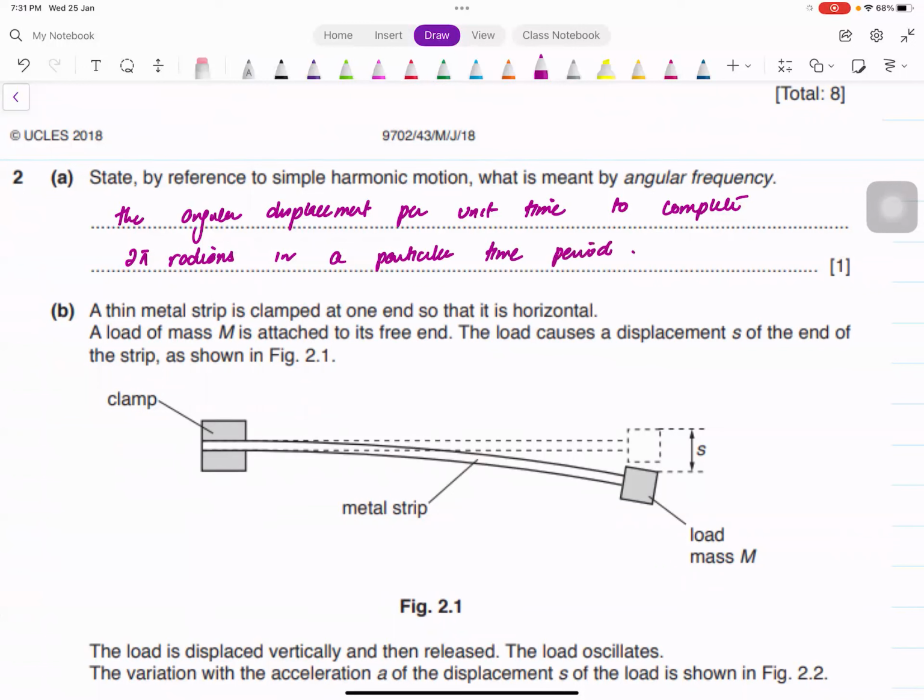All right, so that would be angular displacement. Understood? Because this is one whole rotation. Do you guys understand what I'm saying?